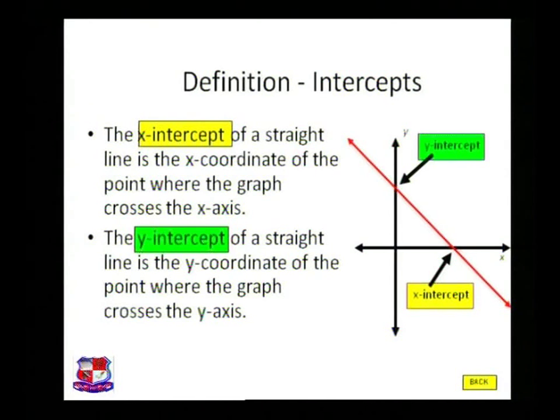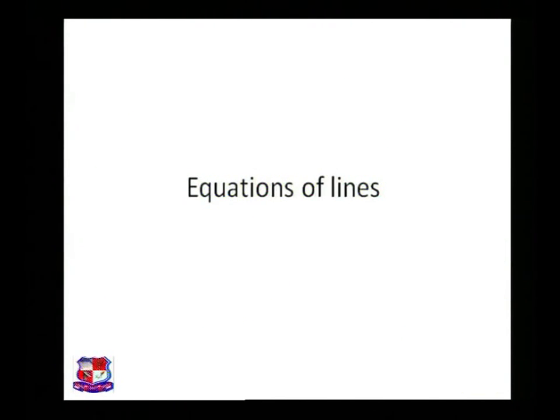And the y-intercept is the y-coordinate of the point where the line crosses the y-axis, okay? So that is the y-intercept of that line. So this is about the x-intercepts and y-intercepts.